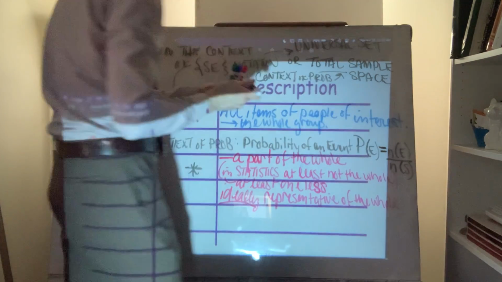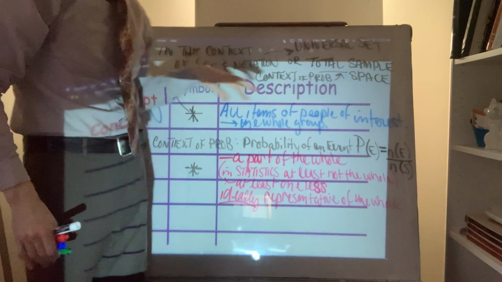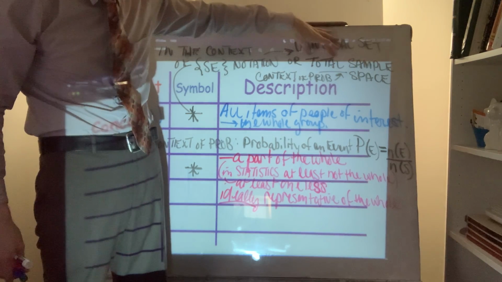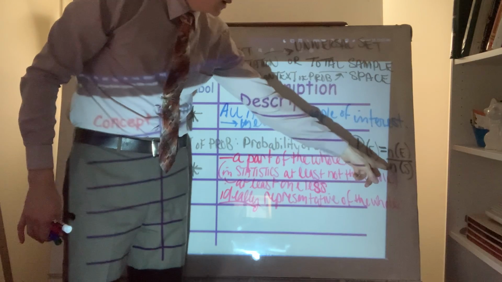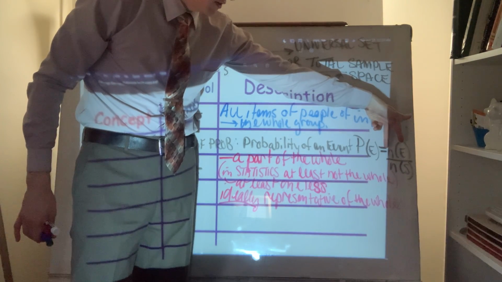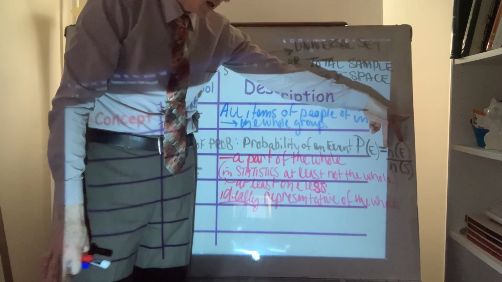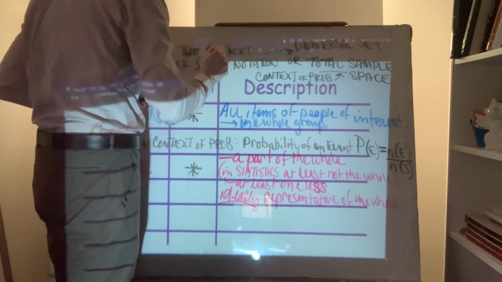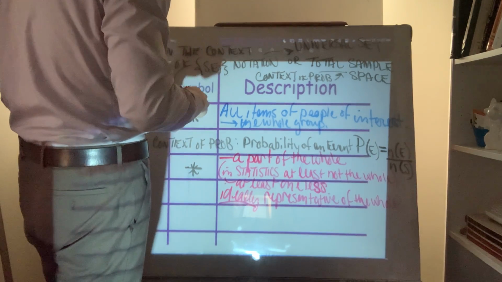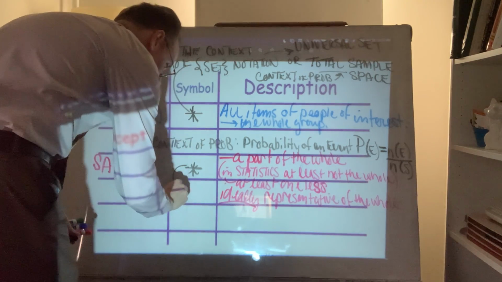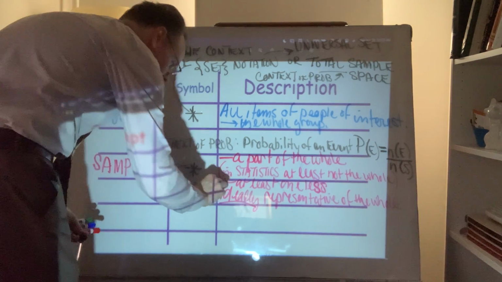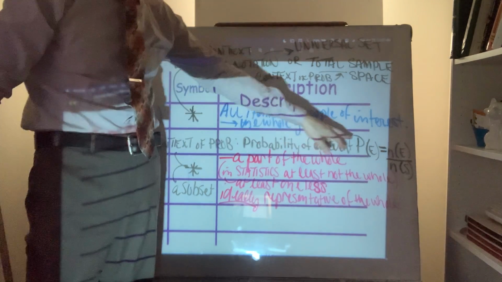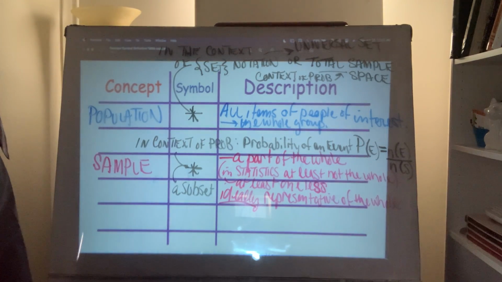If you think of it in the context of probability, the population would be the whole kit and caboodle, the sample space, to really reinforce this concept, the total. Well, the number of outcomes favorable to the event would be some subset in the context of set notation, a subset, or the probability of just an event.